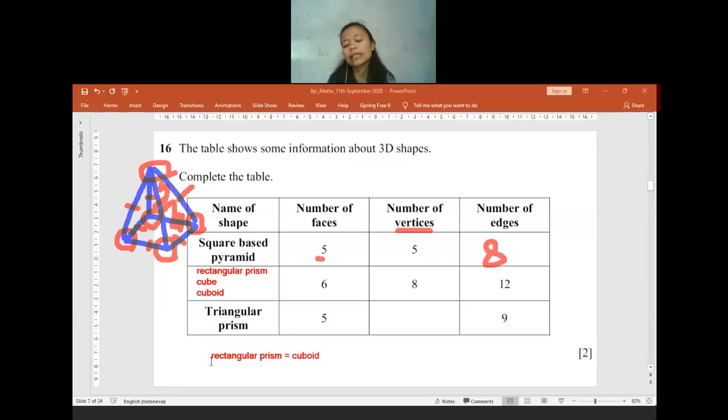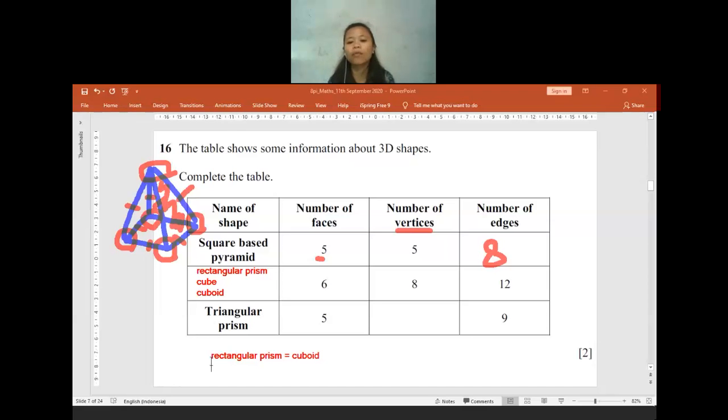There is no difference, only a different way they tell the name of the shape, but they are the same. When you meet a cuboid, you can call it a rectangular prism, or when you have a rectangular prism, you can call it a cuboid. They are identical, only different names. Okay, if you have no question, let us move to the last question.